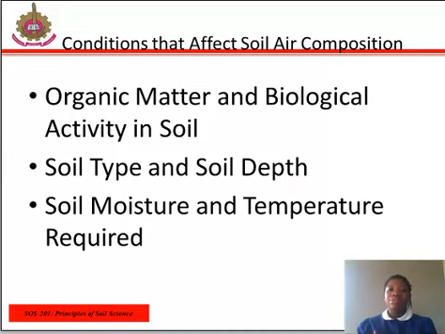High soil moisture, especially during the rainy season, usually results in low oxygen and high carbon dioxide levels in the soil air. During the dry season, there is more circulation of air in the soil and O2 levels are usually higher than that of carbon dioxide.